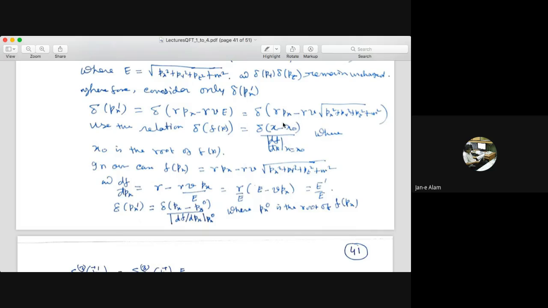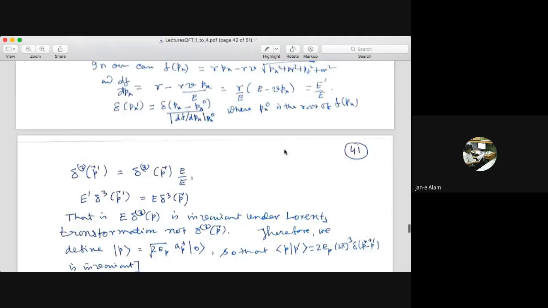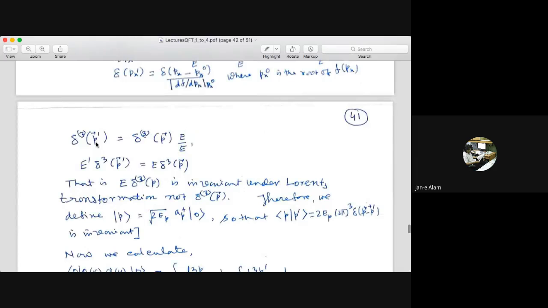So you can use this trick, and you can show that it is not the Dirac delta function which is invariant, but the Dirac delta function multiplied by the energy. See, E' δ³(p') is equal to E δ³(p). So energy times the 3D delta is an invariant quantity.